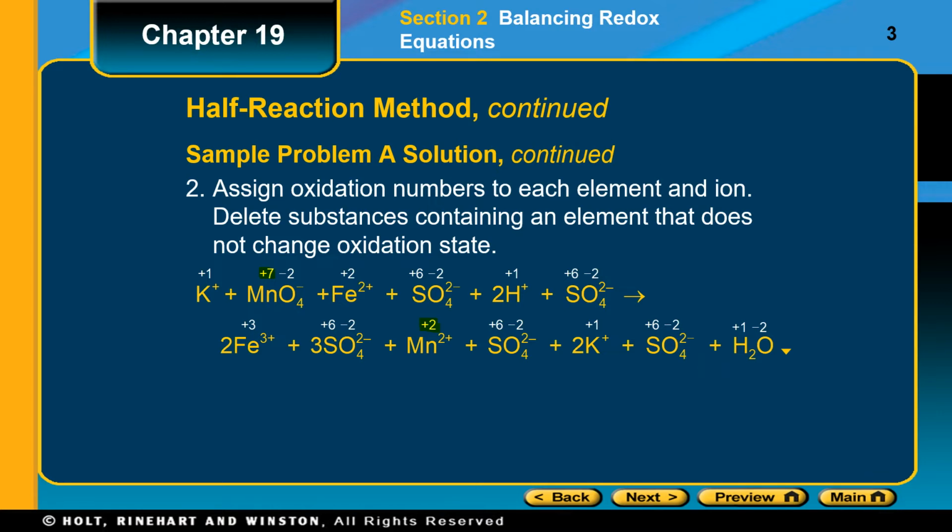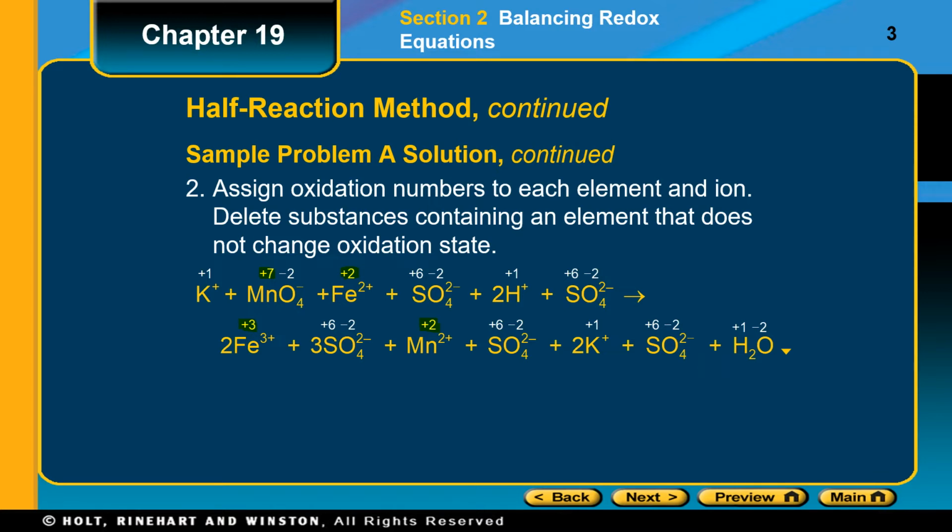So what we can see so far is that manganese has gone from a plus 7 to a plus 2, and iron has gone from a plus 2 originally to a plus 3. So those are the two elements that have changed, manganese and iron.